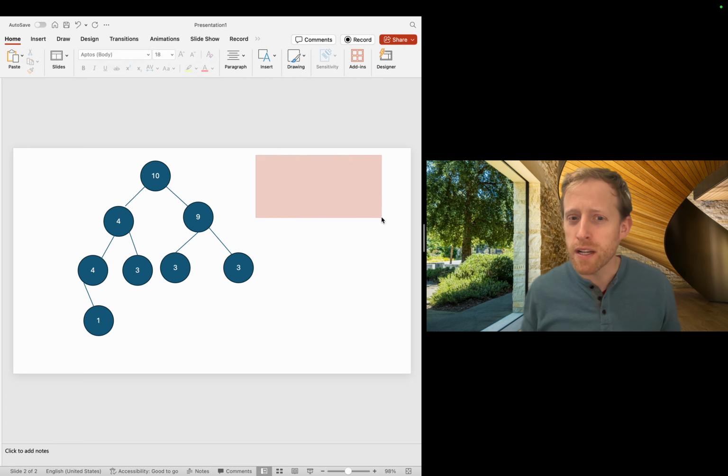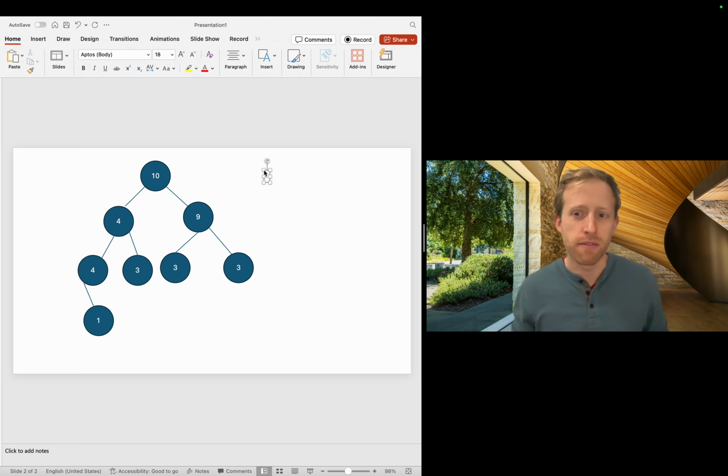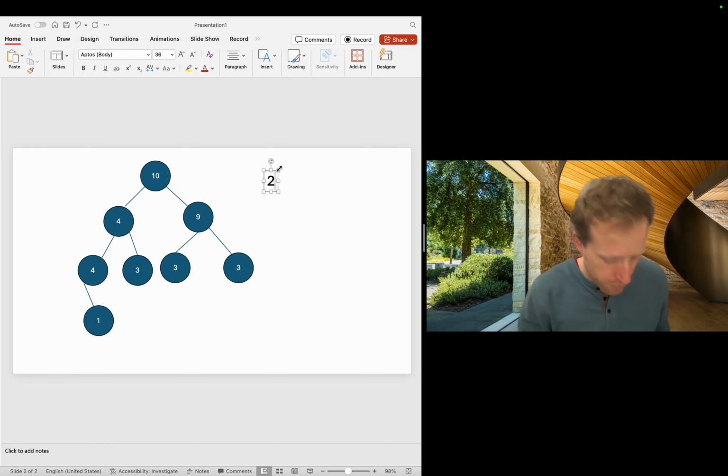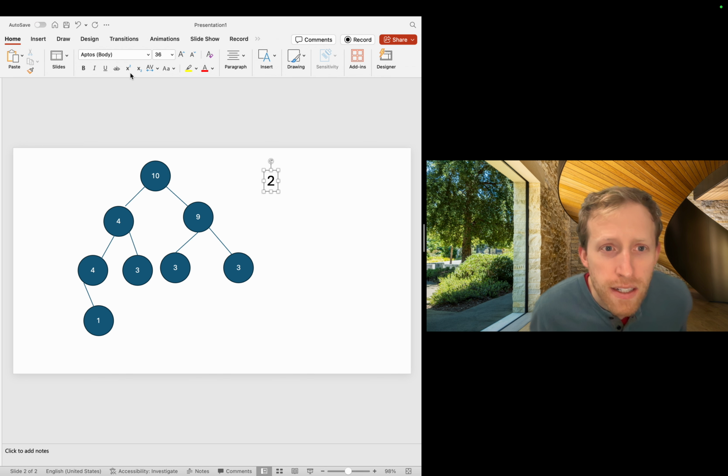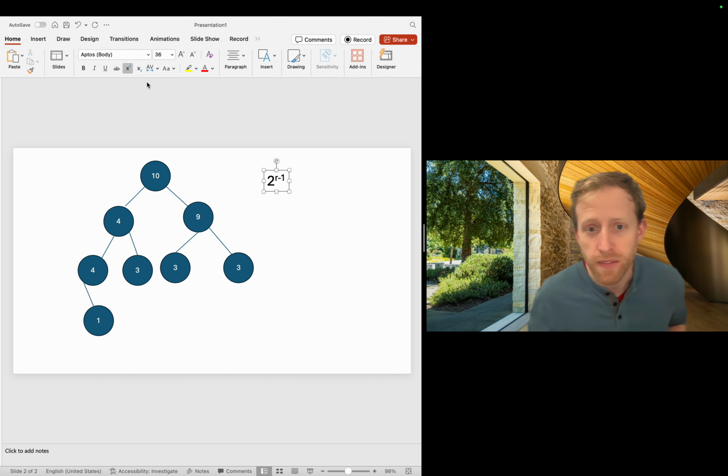So what is the definition? What is the number of nodes in a row? The answer would be 2 to the row number minus 1, right?